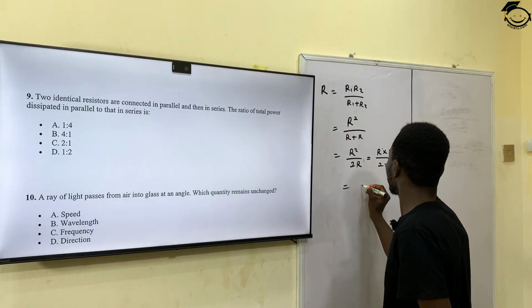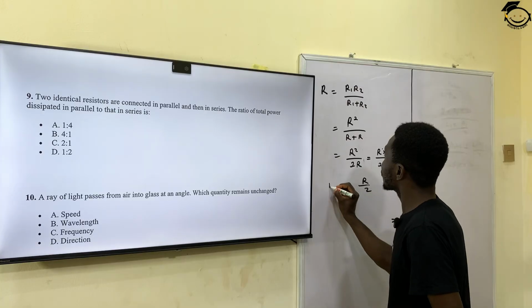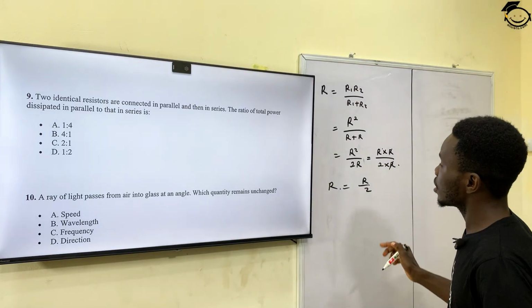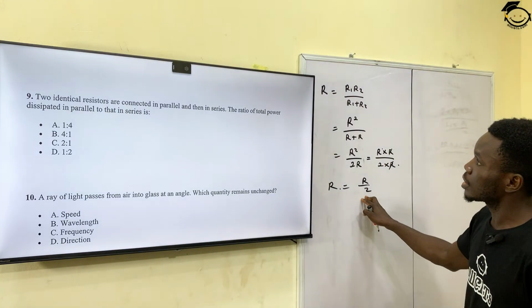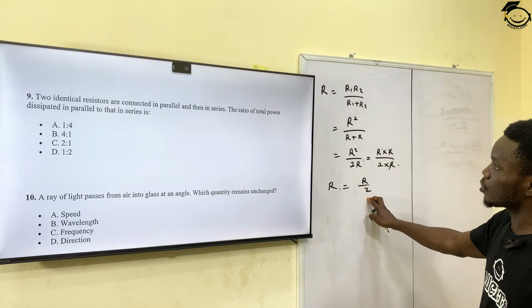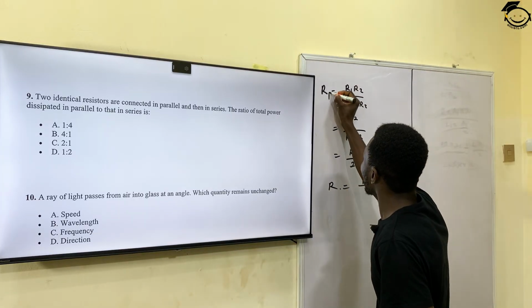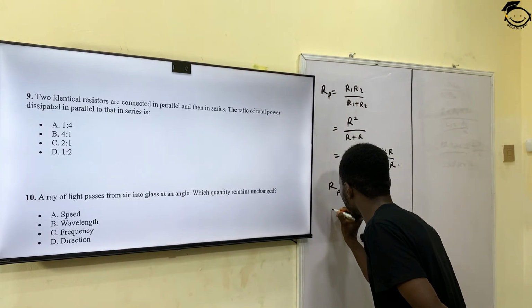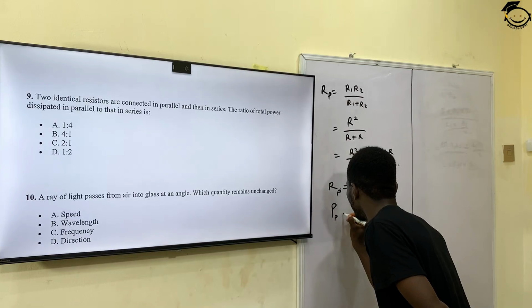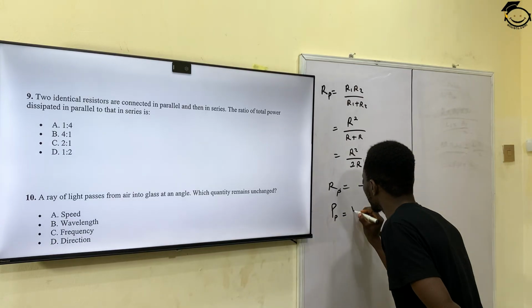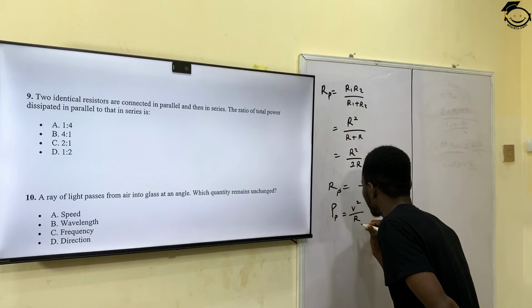So it means that I have R over 2. So for my resistors in parallel, this is the total resistance. Total resistance is R over 2. And if this is what I have for my total resistance, it means that the power for parallel is supposed to give me V squared over R.